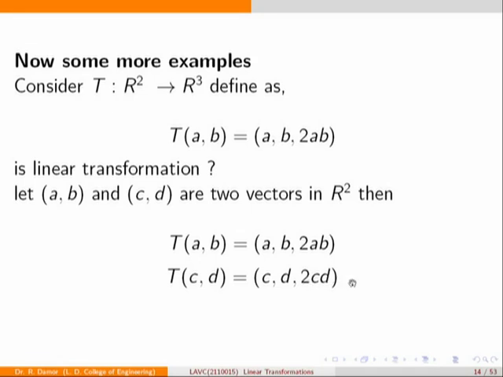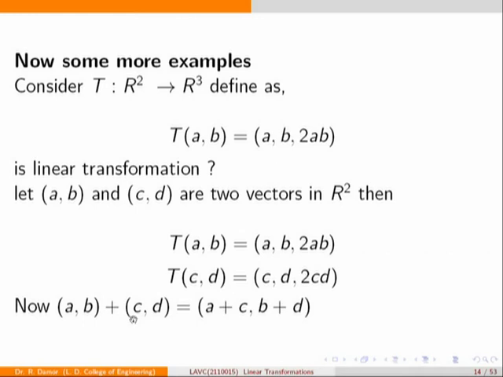Clear? Now I have to check that (a, b) and (c, d), as R2 is a vector space, their addition (a, b) plus (c, d), and the transformation of (a, b) plus (c, d), can be written as the transformation of (a, b) plus the transformation of (c, d). First of all, I have to find (a, b) plus (c, d). Coordinate-wise addition gives (a plus c, b plus d).